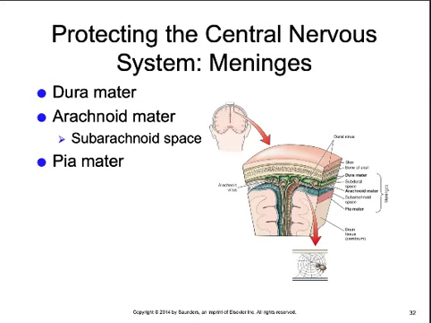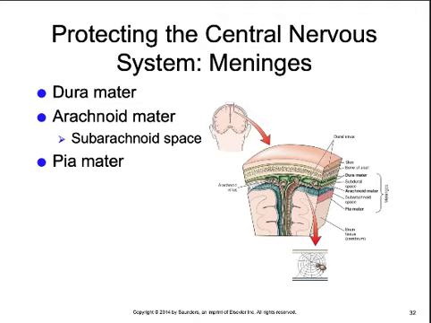In the brain, the dura mater is a double-layered fibrous membrane that surrounds the outer covering of the brain and the brainstem, and has between the hemispheres a blood-filled space called the dural venous sinus, and it attaches to the floor of the cranium to the ethmoid bone to a ridge called the crista galli, and that sort of tethers the brain in place while it floats in CSF so that it doesn't damage itself.